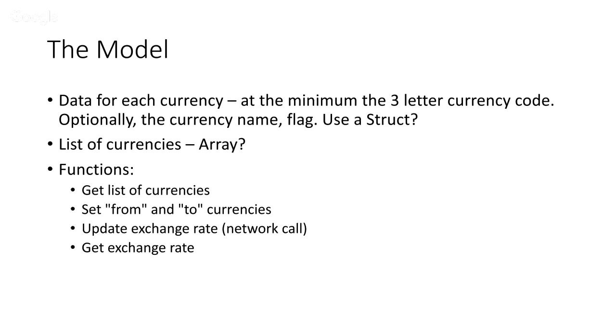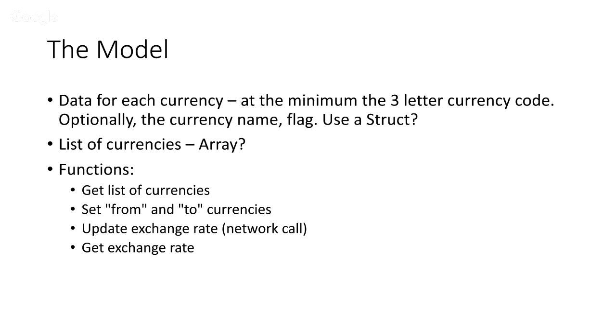And this function will do the network call, get the exchange rate, and then supply it to the controller. And the controller can deal with whatever it needs to do, to display the exchange rate or display the converted amount. So these are the basics that we need in the model.